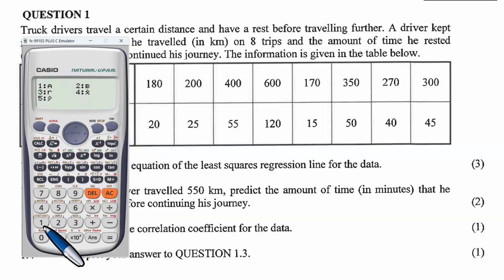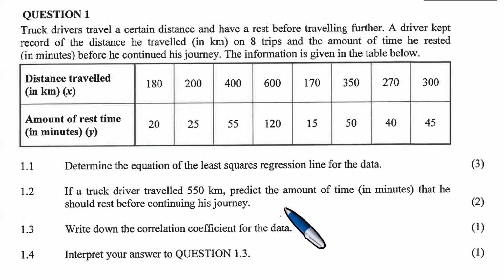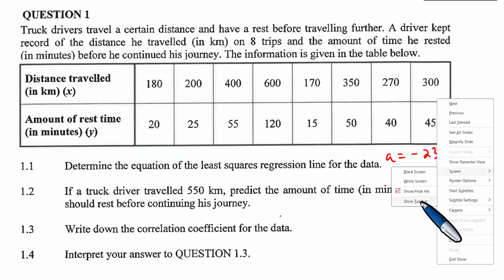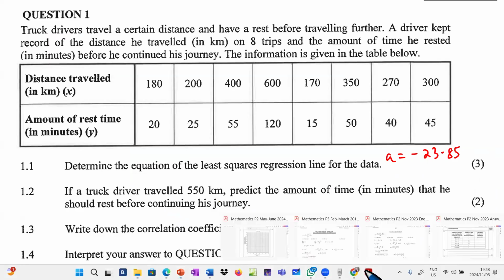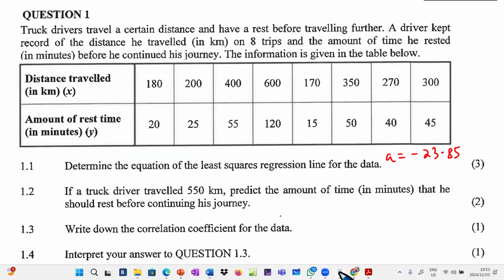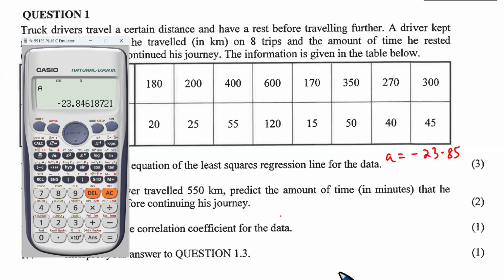A is 1, which is minus 23.85. So A is minus 23.85. Let's do B.